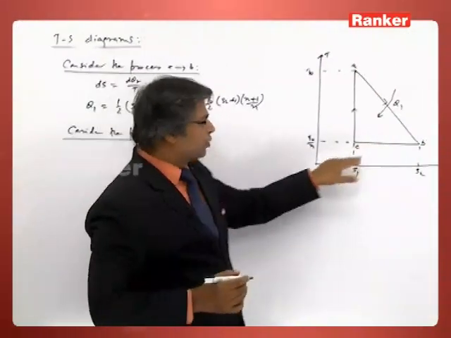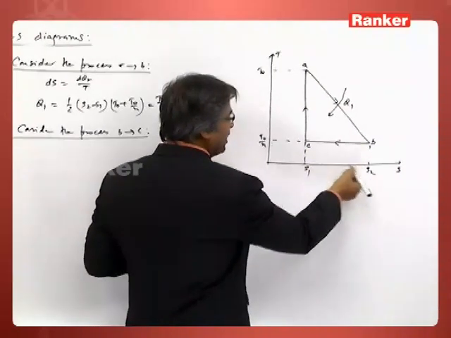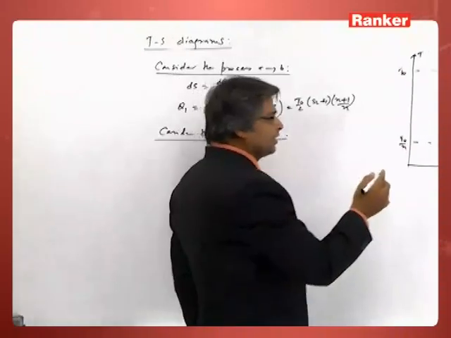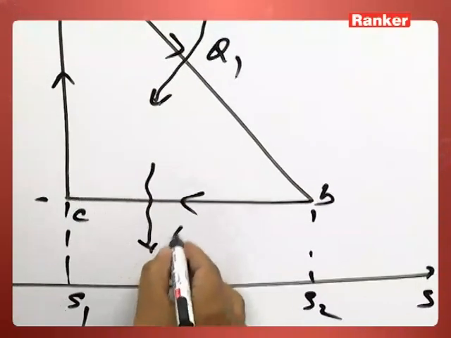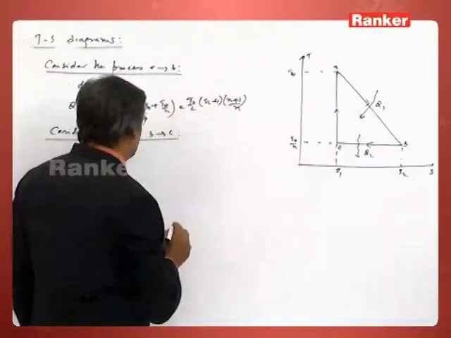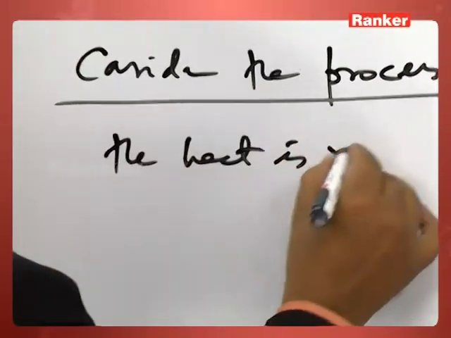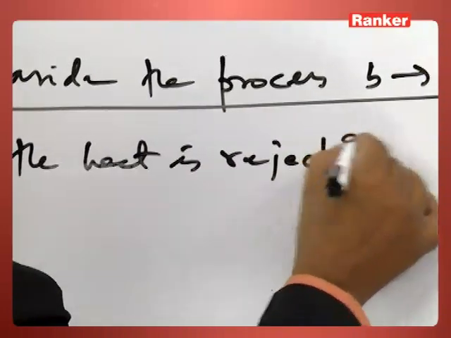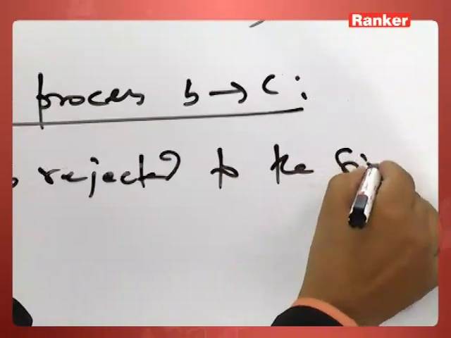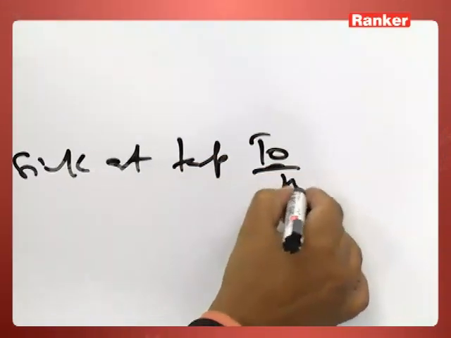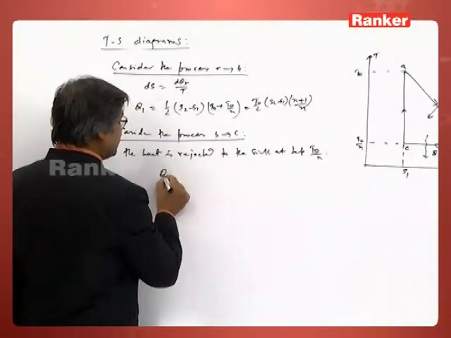Now from B to C, the entropy is decreasing, and so heat is rejected out of the system. Rejected heat is Q2. So the heat is rejected to the sink at temperature T0 by N. How much heat is rejected?